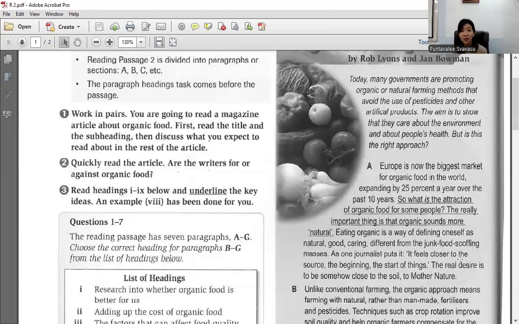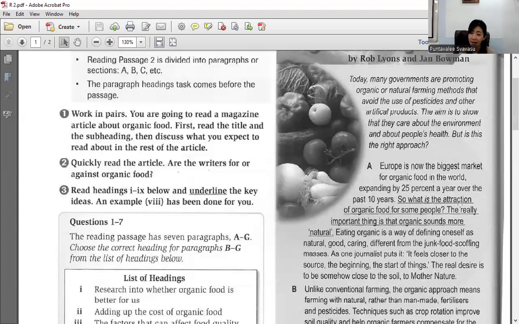Okay, so let's have a look at the link between the topic sentence and the supporting details. Here there are two parts of the topic sentence: the question itself and then the answer to the question. The topic sentence says, what is the attraction of organic food for some people?